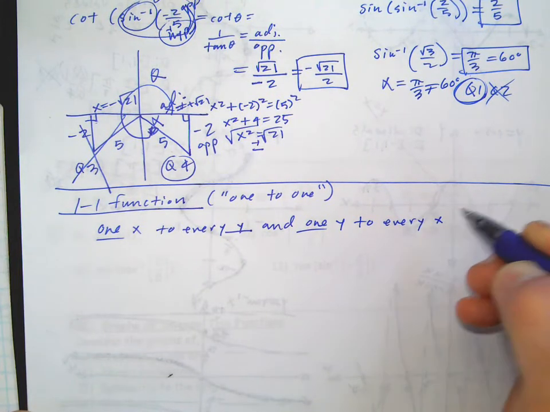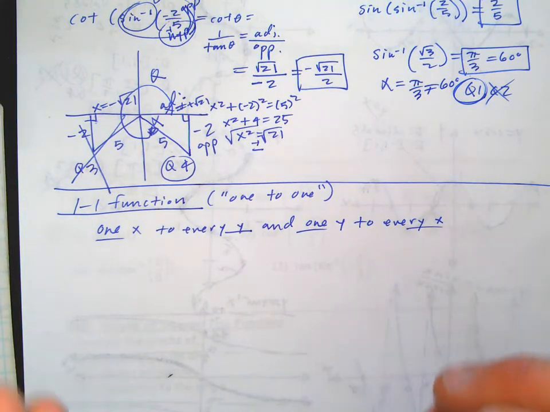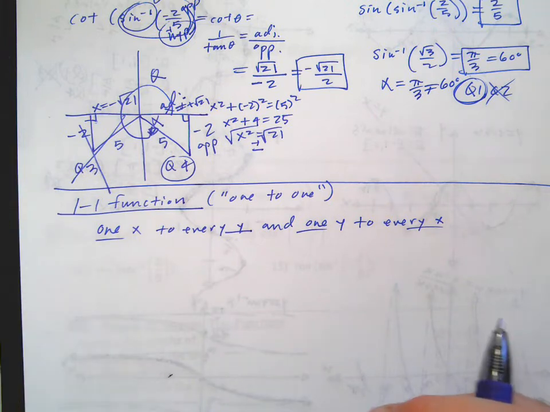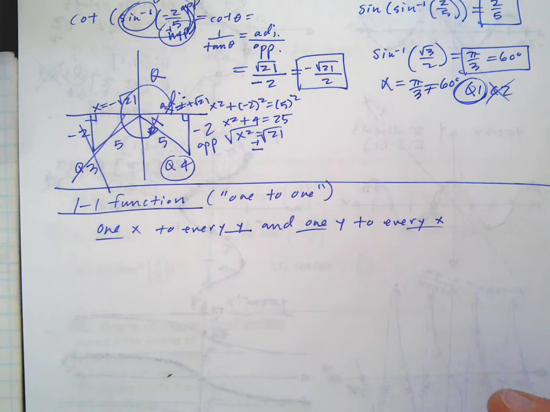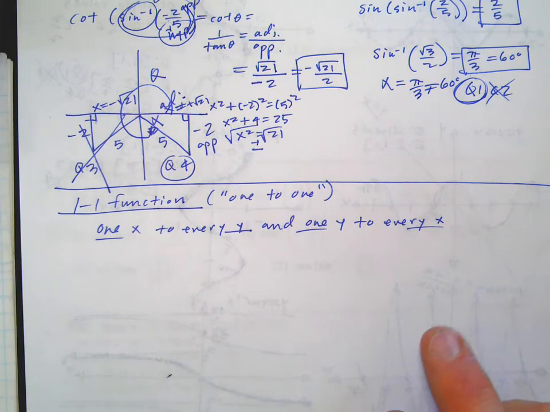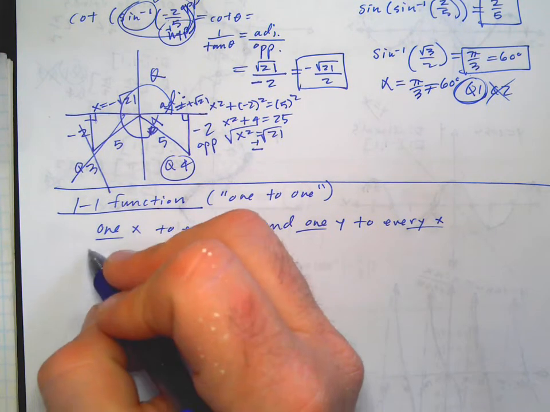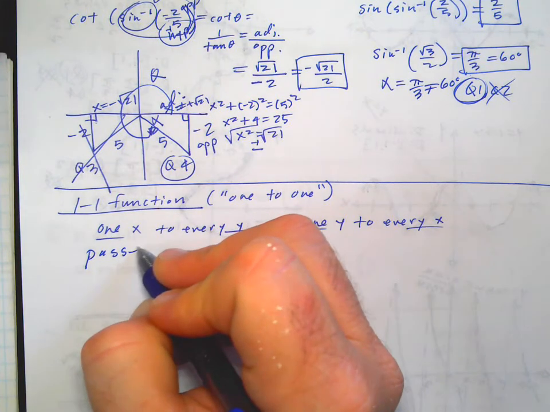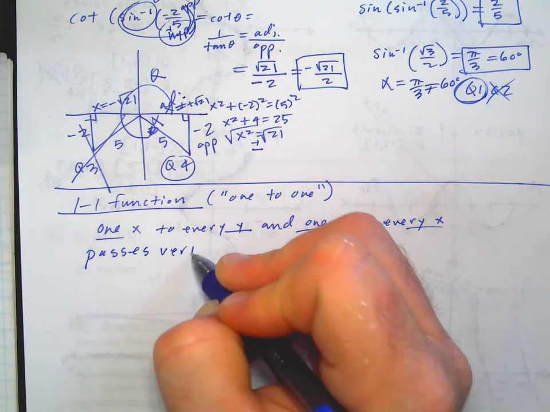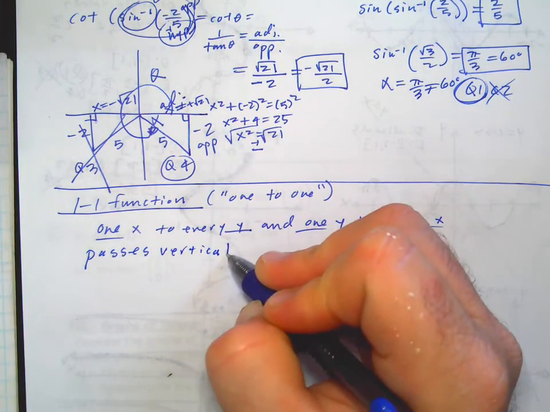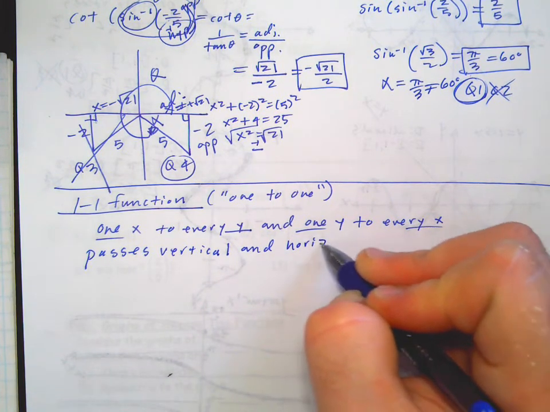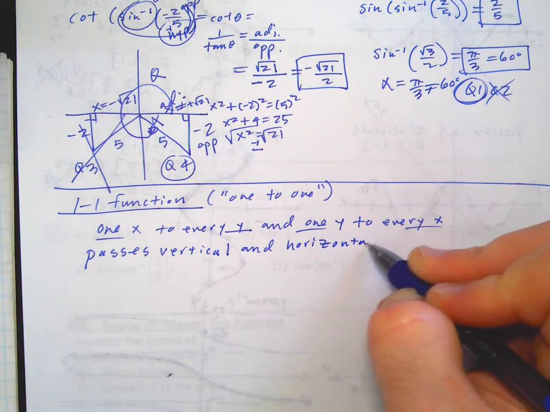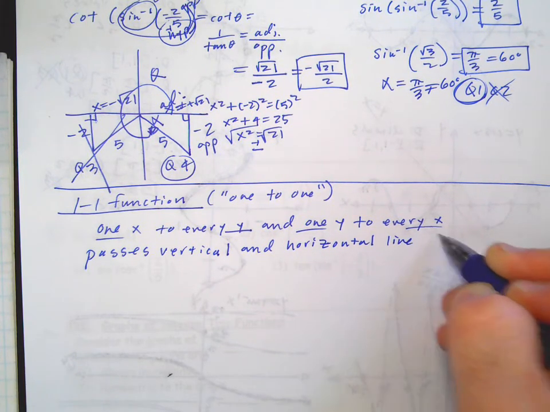It's kind of like the definition of a function that says every input has exactly 1 output, but then it takes it further and says every output has exactly 1 input, which is not always usually true. So it passes a vertical line test. Every input has exactly 1 output, and it passes a horizontal line test. Every output has exactly 1 input. So that's another way of thinking of it.